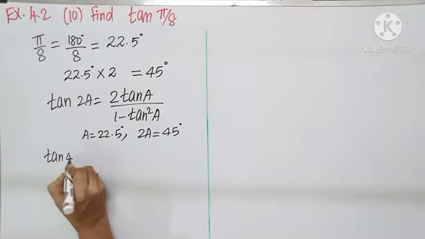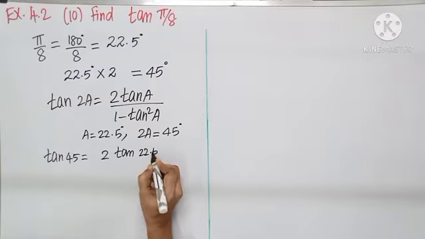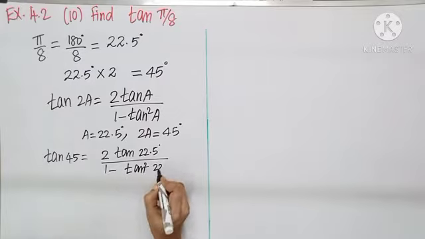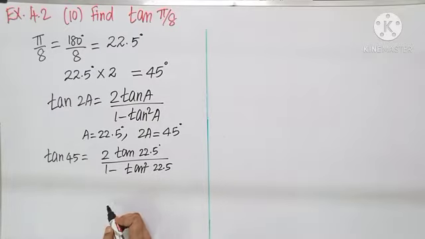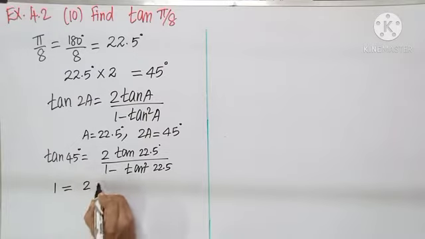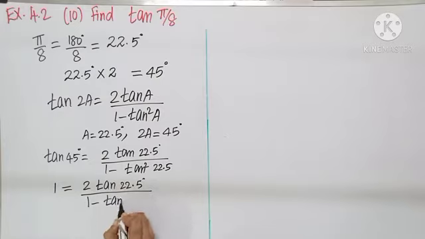Tan 45 equals 2 tan 22.5 by 1 minus tan square 22.5. We know tan 45 value is 1, equals 2 tan 22.5 by 1 minus tan square 22.5.